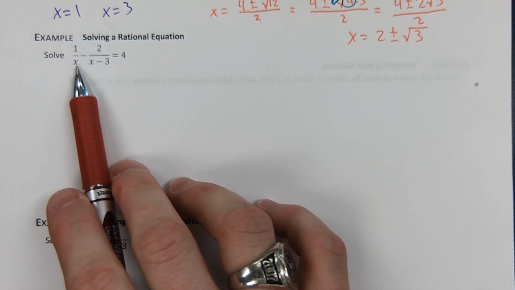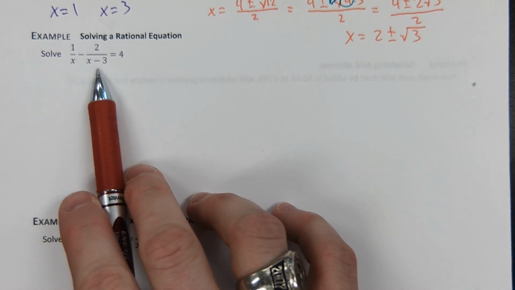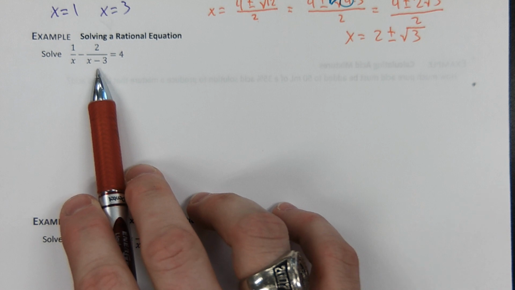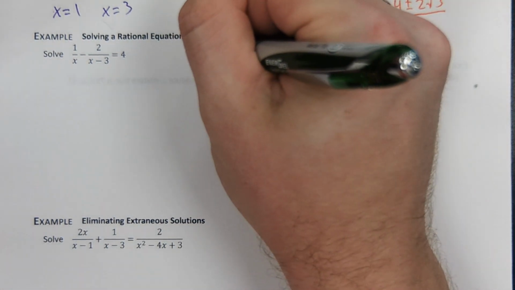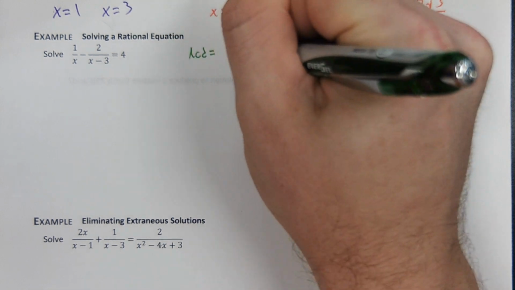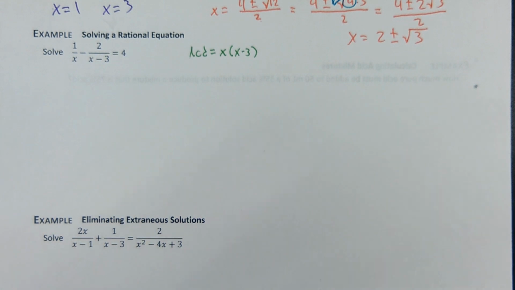This denominator is missing the x minus 3. This denominator is missing the x as a multiplier. That means our least common denominator is x times x minus 3. So that is what I'm going to distribute across the entire equation.